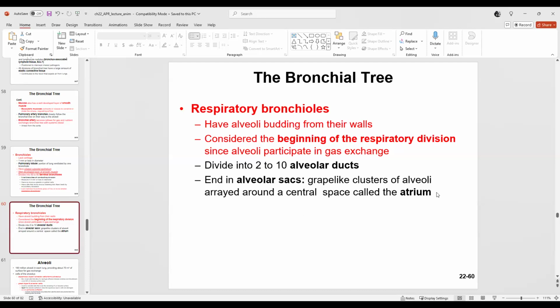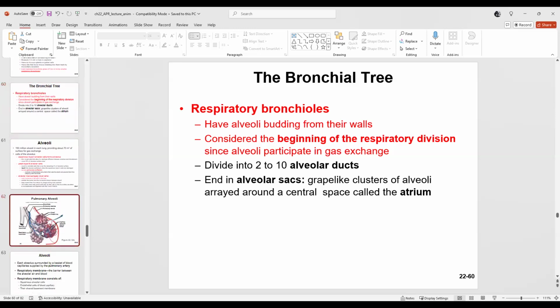Because of that, they are part of the respiratory division of the respiratory tract, which is weird to say. So the respiratory division is where gas exchange occurs. It starts at the respiratory bronchioles. It continues, with a lot more surface area and volume, at the alveolar sacs and the alveoli.